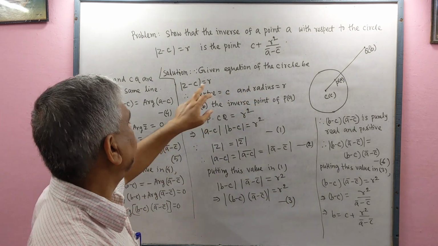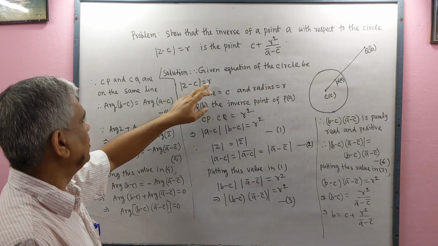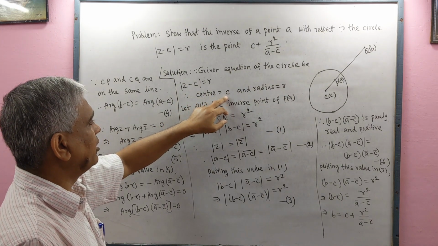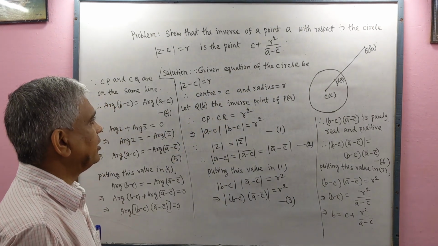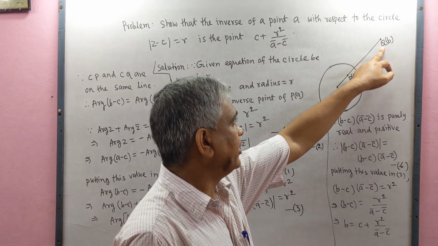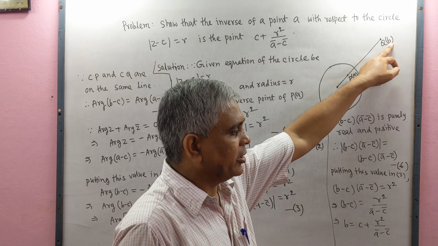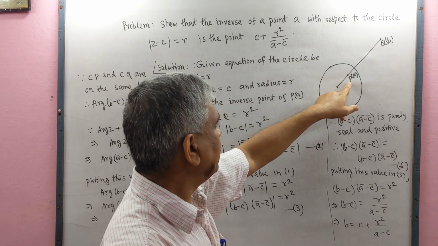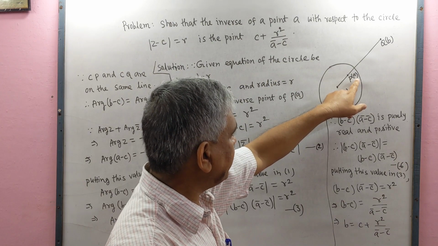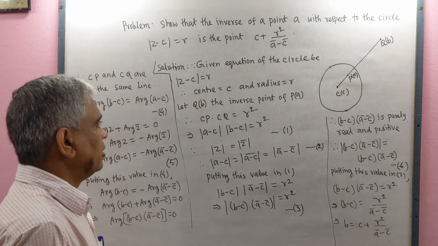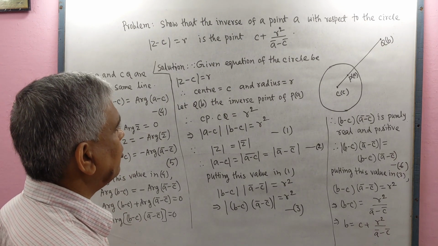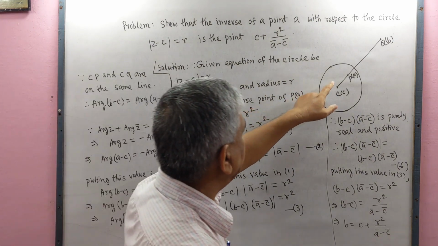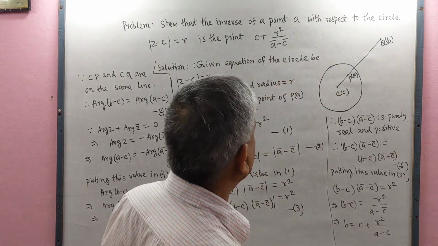Since the given equation of the circle is modulus of Z minus C equal to R, C is a complex number, therefore center equal to C and radius equal to R. Let Q be the point and B be the complex number denoting the point Q, the inverse point of P, which is denoted by the complex number A. According to the definition of inverse points with respect to the circle, CP multiplied by CQ equal to radius square, R square.